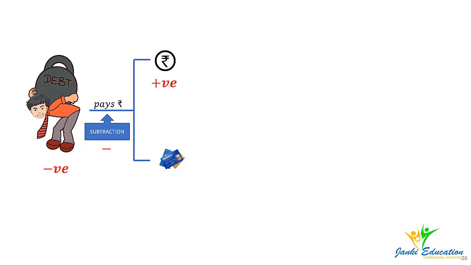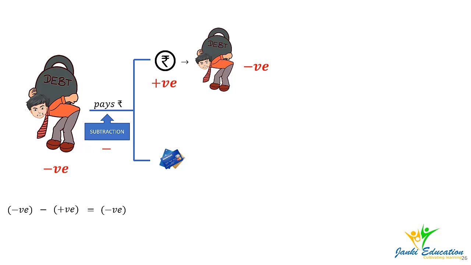Here rupees is positive, where when he is having debt, he cannot pay hard cash, right? Whatever he is having, he will remain in debt only. So he will remain in debt, that is negative. And here negative minus positive is equal to negative. No need to get confused. Negative minus positive always results in negative.